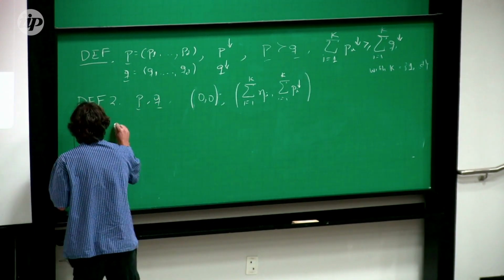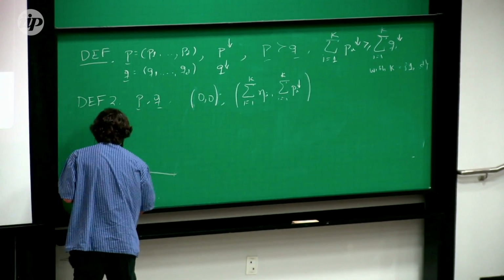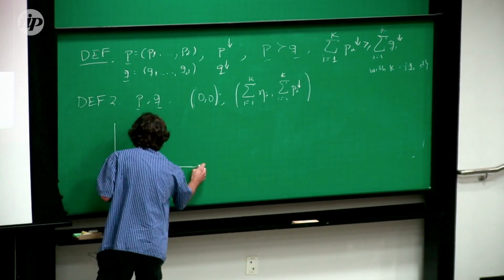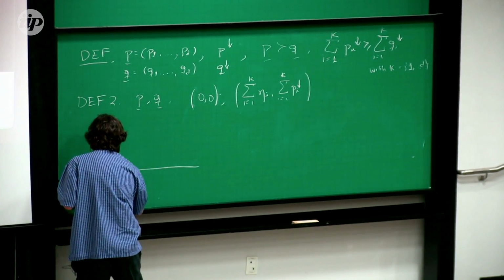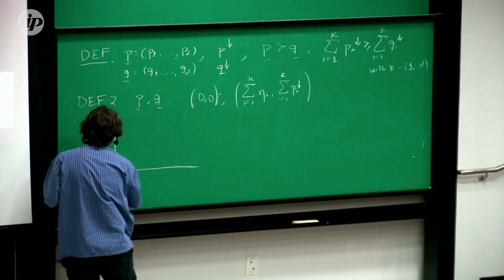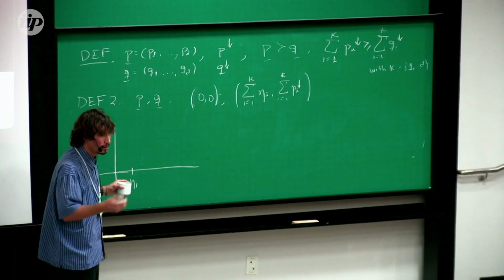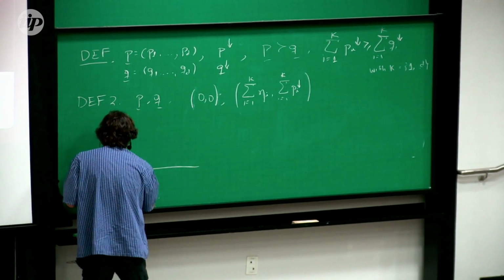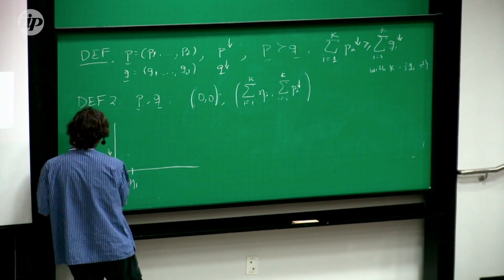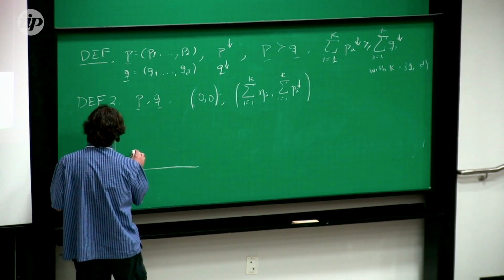So what I'm saying is that this Lorenz curve or majorization curve is obtained by joining those things. So for example, here you have eta 1. Eta 1 is 1 over d, right? And here you put P1 ordered in non-increasing order, and then you join this.